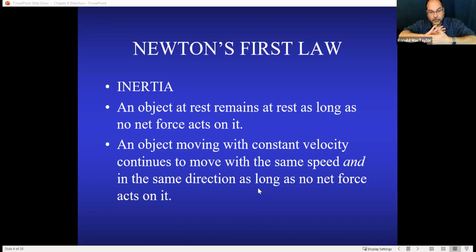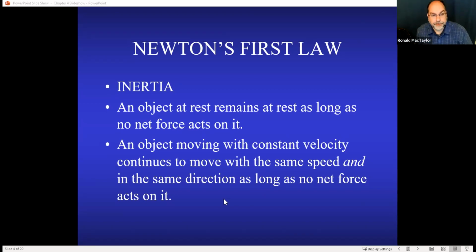So if I am moving down the road at 30 miles per hour, I'll continue moving down the road at 30 miles per hour as long as there's no net force. There might be a net force if I step on the accelerator and I choose to speed up, then there's a net force and my speed, maybe my direction will change. If I pop the car in neutral, then the engine's not propelling me forward anymore, and I would discover that I would slow down because of air resistance and all that stuff.